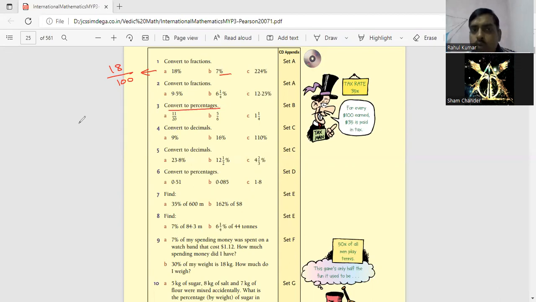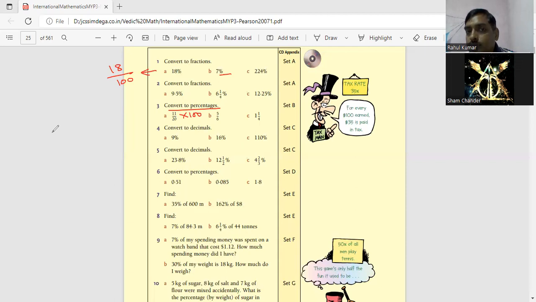So convert to percentage. How can you convert to percentage? 11 under 20. First you should try to get the denominator to 100, sir. For this, what you need to do, just multiply it by 100.